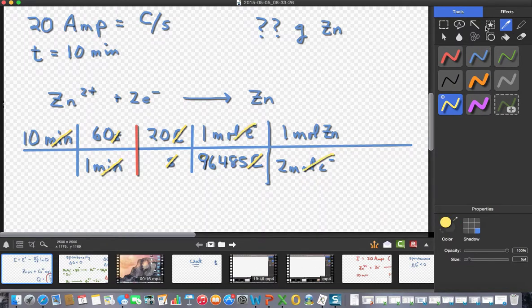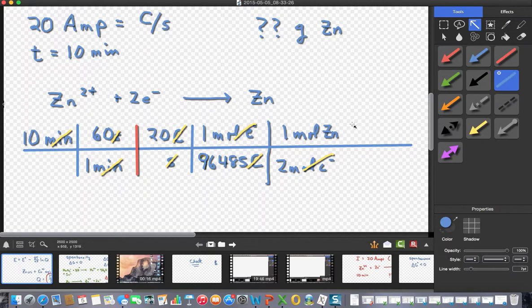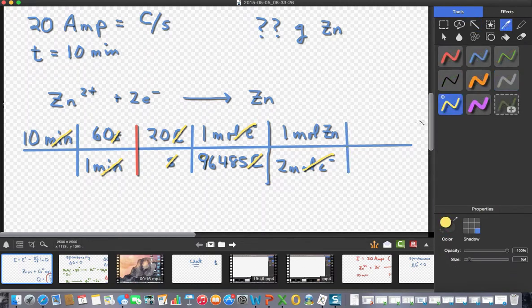Almost done. And of course, 1 mole of zinc is 65.39 grams of zinc.